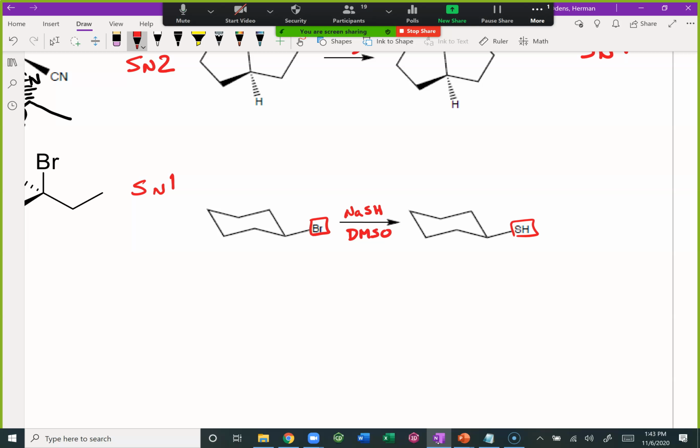All right. So, check out what's happening here. We're going to attack. Sodium didn't last long here. So, put the negative sign there. Kick this guy out. It's going to flip this configuration. So, basically, when this flips, this one will flip too, because it doesn't want to be a boat, right?